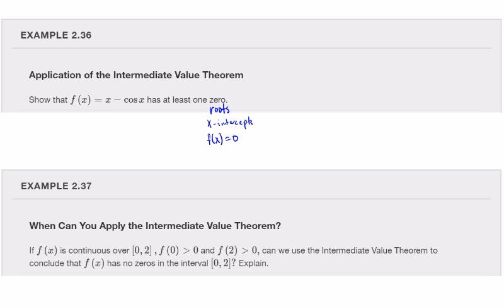Now, to start out, this is continuous, right? Because we know that this is continuous everywhere, and this is continuous everywhere. There's no limitation on what we can plug in. There's no restriction on our inputs, right? I can take the cosine of any real number, and we can plug any real number into x, and that will just be the output, right?